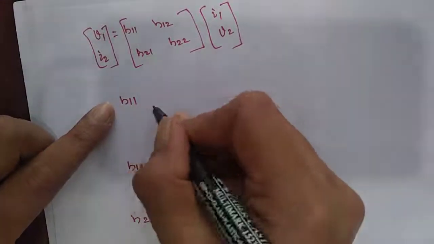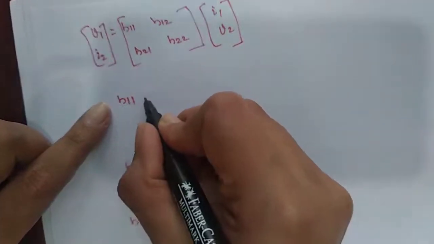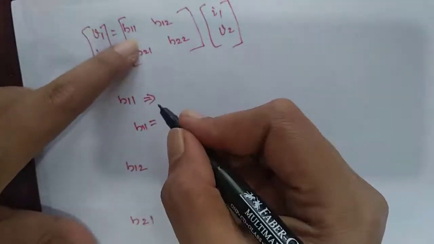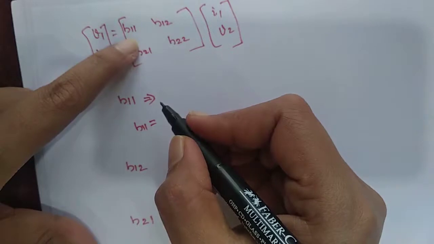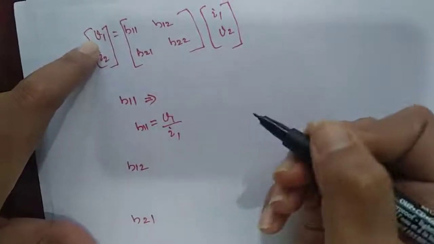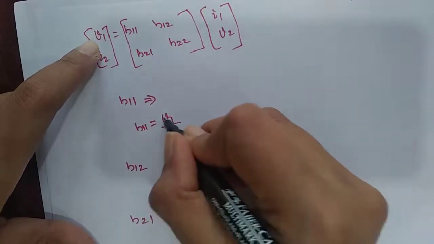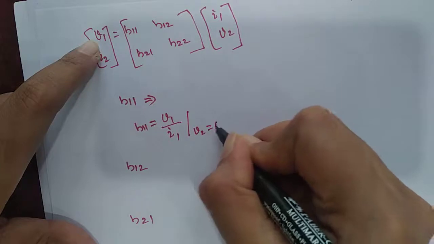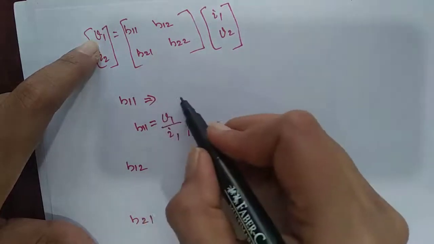What was H11? H11 is equal to V1 by I1 at V2 equal to 0. So what is the name for H11?